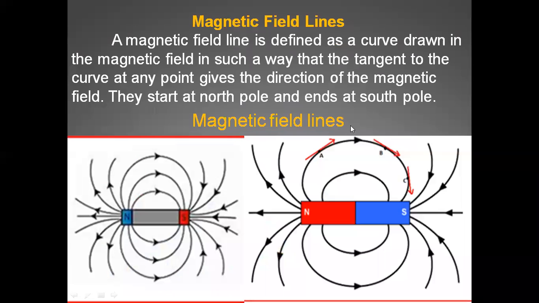The next topic is magnetic field lines. A magnetic field line is defined as a curve drawn in the magnetic field in such a way that the tangent to the curve at any point gives the direction of the magnetic field. In the diagram, the red points mark the tangents to the curve.